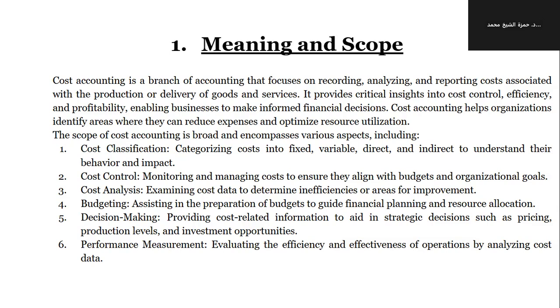Also, a very important scope is decision making, by providing cost-related information to aid in strategic decisions such as pricing, يعني التسعير, production levels, أنتج من المنتج بتاعي ده كم.